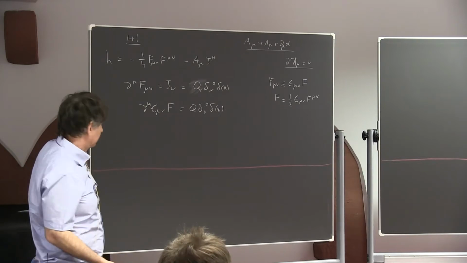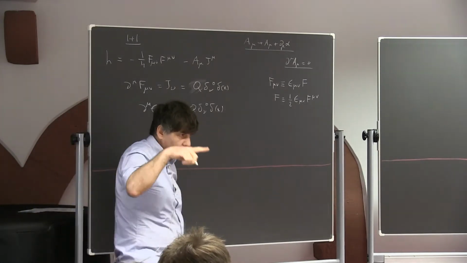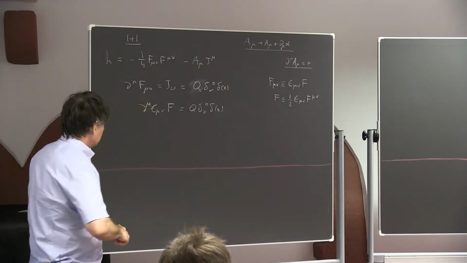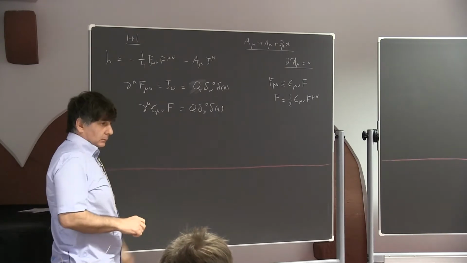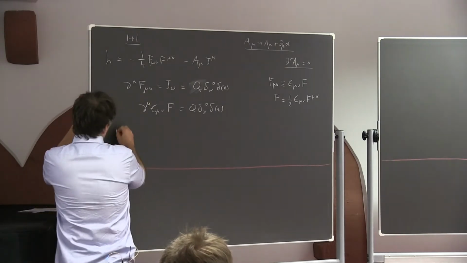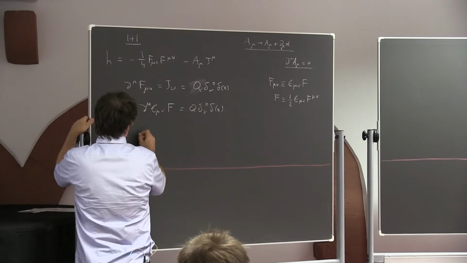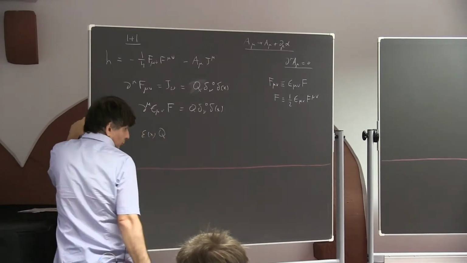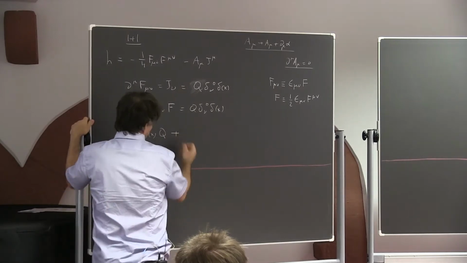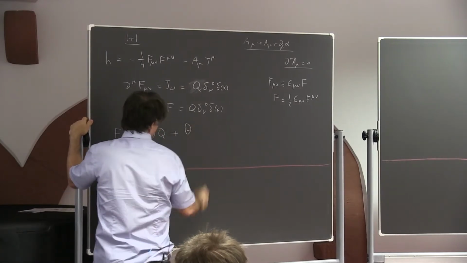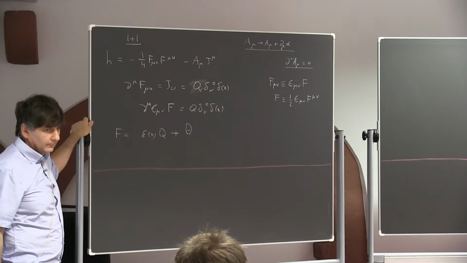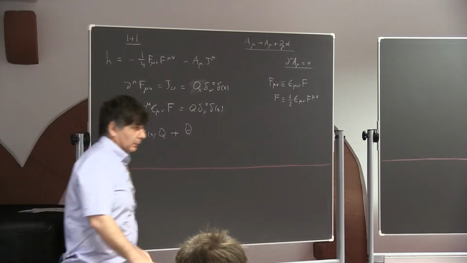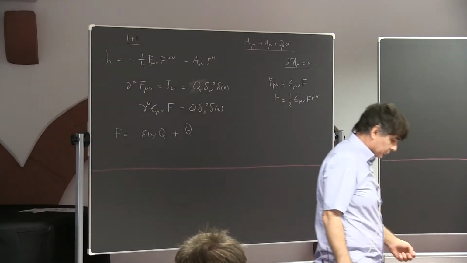So there is a sign function, a step function, plus a constant solution. Therefore, F is a sign function controlled by the q, and then there is a constant part which we can call theta. So there is a constant background electric field solution.